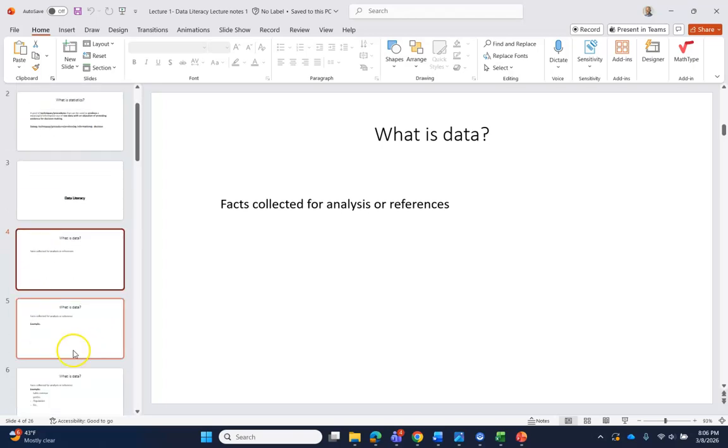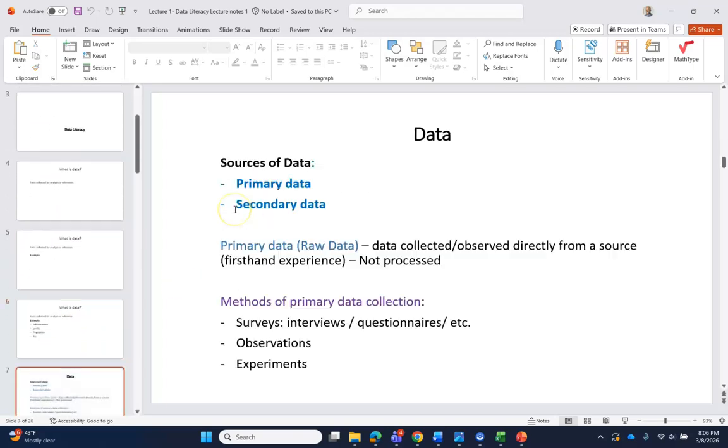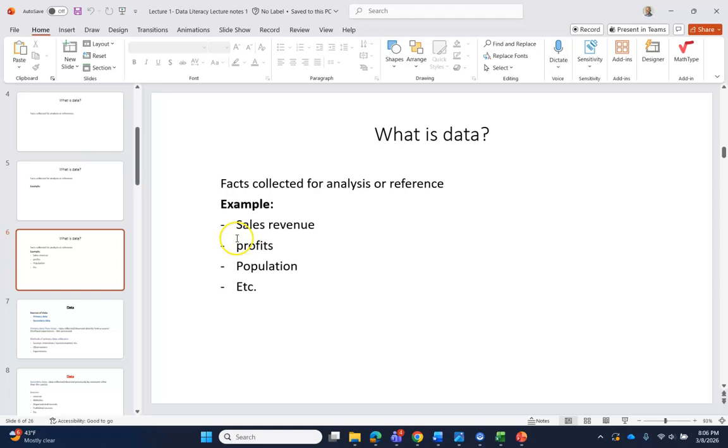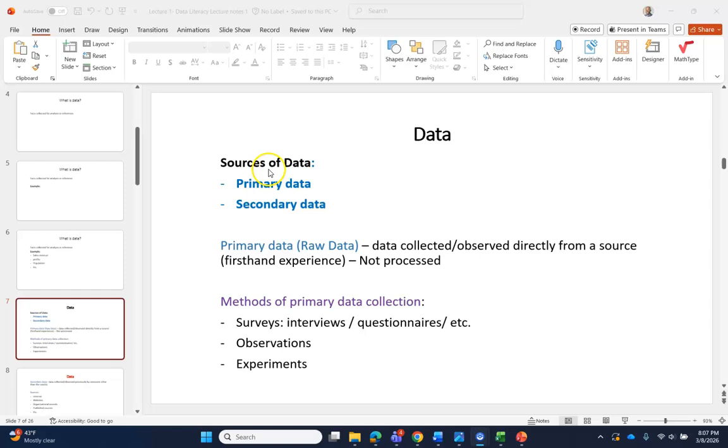We looked at different types of data. Data can be any information, for instance sales, revenue, profits, population, and so forth. We also looked at different sources of data.